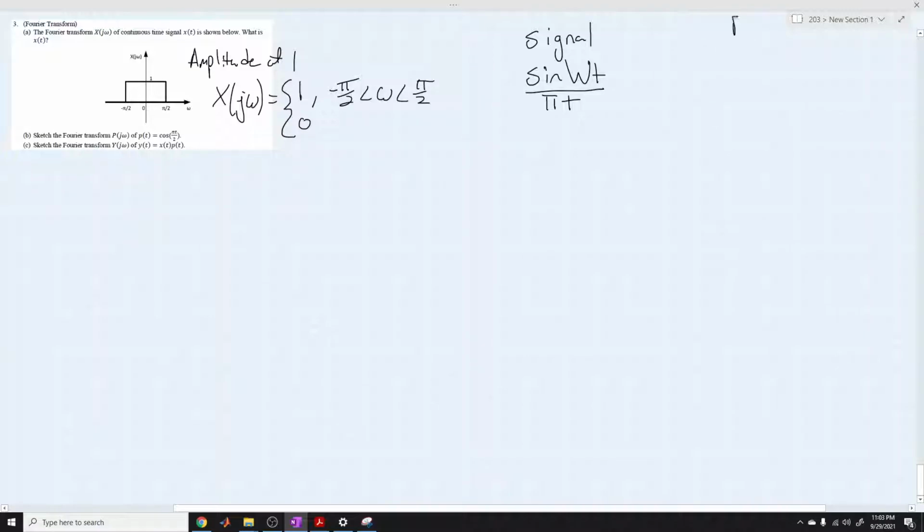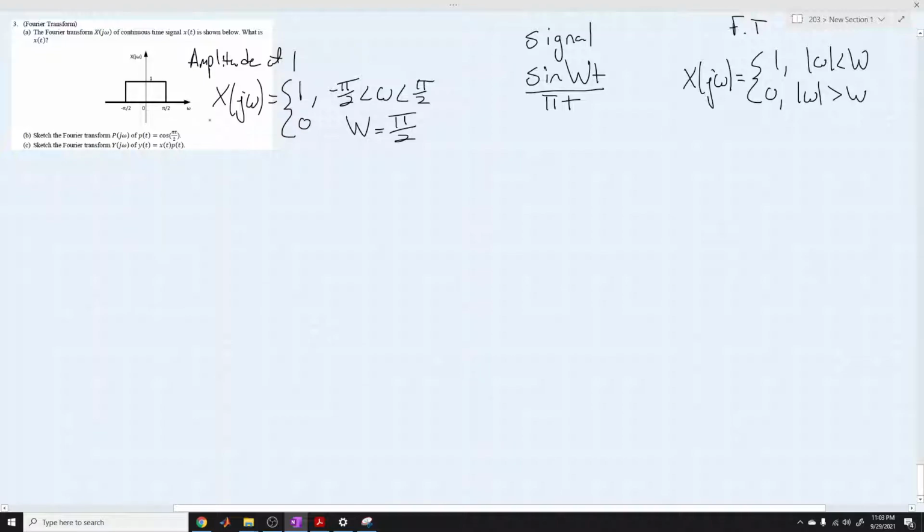That has a Fourier transform that looks like this: X of j omega equal to 1 when the magnitude of omega is less than capital W, and 0 when the magnitude of omega is greater than capital W. Magnitude or absolute value, whatever you want to call it. And we can see that this perfectly fits what we have going on here. So that tells us that capital W is equal to pi over 2.